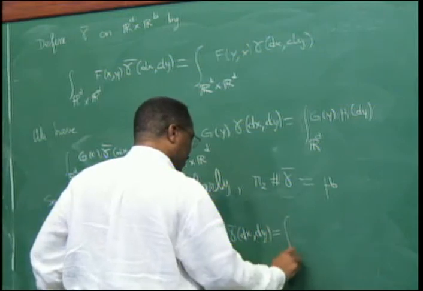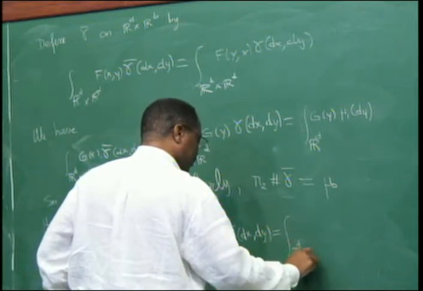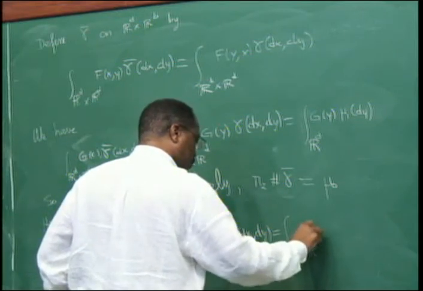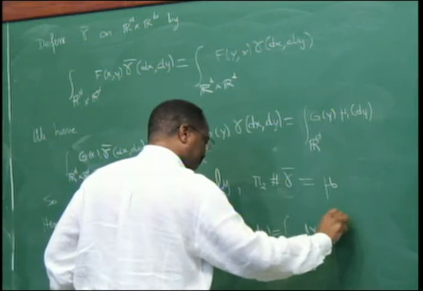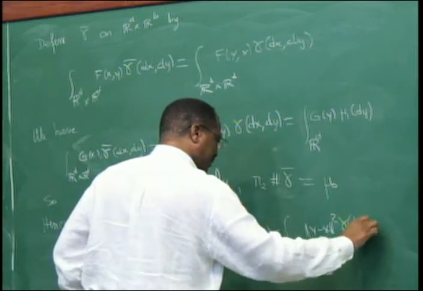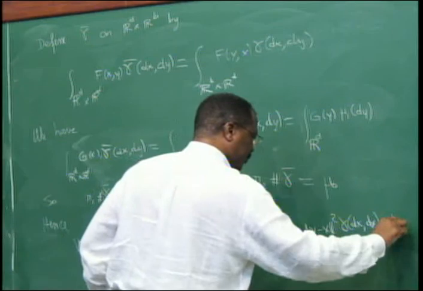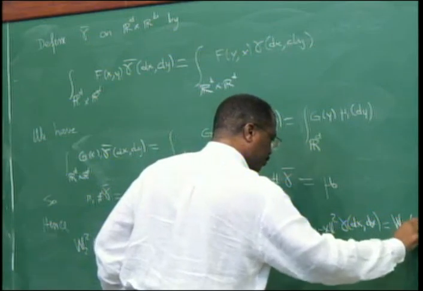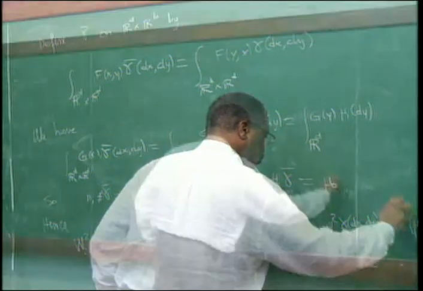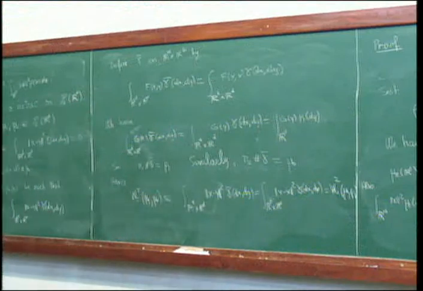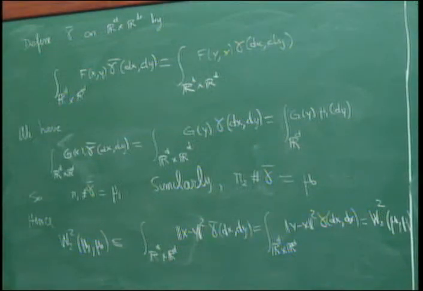So this is the integral over Rd cross Rd of |y minus x| squared gamma dx dy. And you see that this is W2 of mu naught, mu1 squared, because the norm of x minus y is the norm of y minus x.